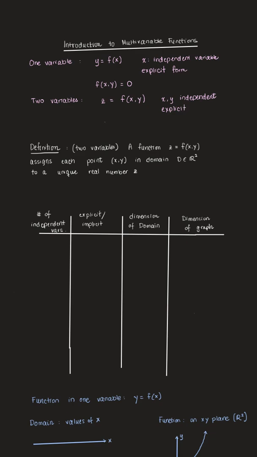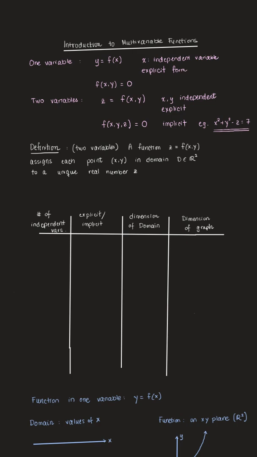And implicitly we would write f of x, y, z equals 0. This is the implicit form of the function. So that means you might have something, for example, x squared plus y squared minus z equals 7. This is understood to be a function z that depends on x and y, but it's implicitly defined.